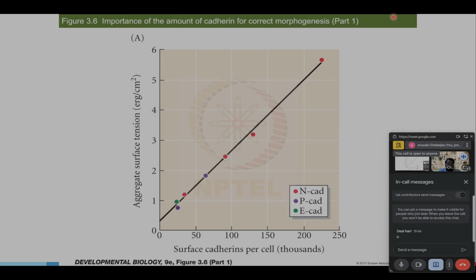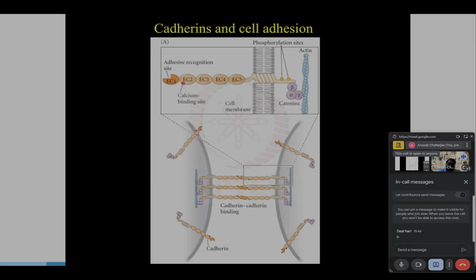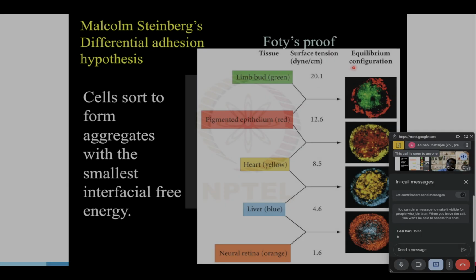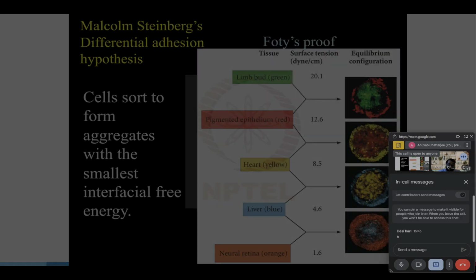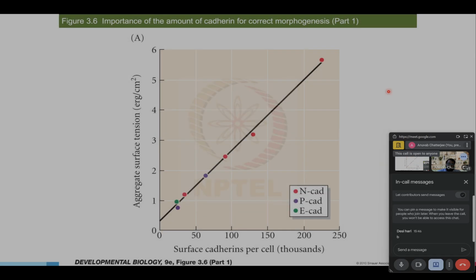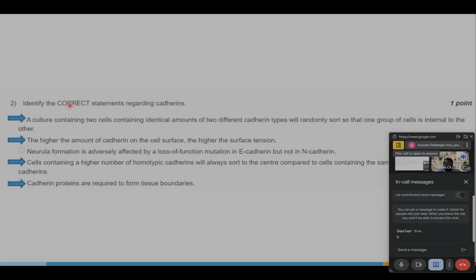As you can see, a pretty straight line: the more surface cadherins, the more surface tension, and as we saw just now, more surface tension is the driving force that causes the cells to sort themselves. So the number of cadherins helps determine the surface tension, and that surface tension causes the cells to sort themselves. So going back, identify the correct statement regarding the cadherins.